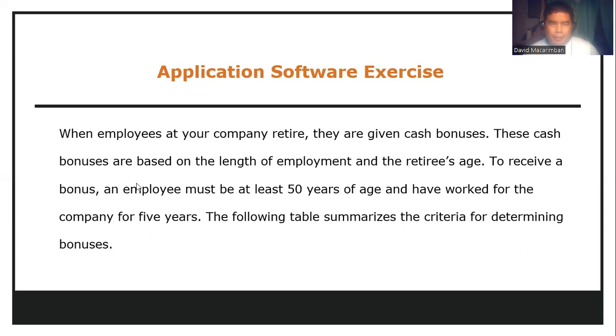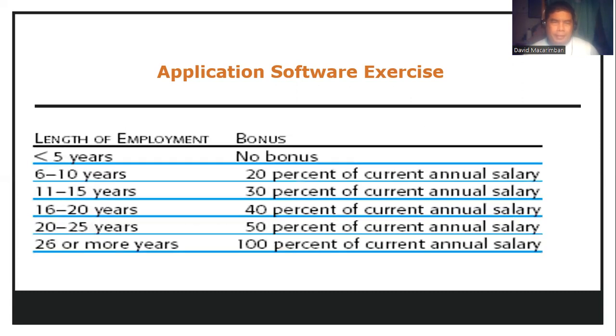To receive a bonus, an employee must be at least 50 years of age and have worked for the company for 5 years. So the following table summarizes the criteria for bonuses. So ito siya. Length of employment, then bonus. So ginagawa to ng software, application of software.